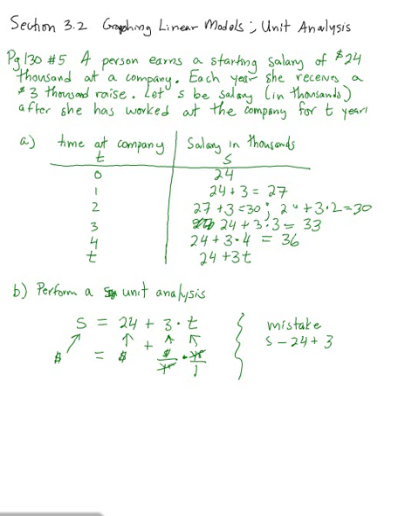And by unit analysis, you should see that this is wrong, because this is money, this is money, but this is $3,000 per year. This is money per year. So you see, you don't have money on both sides. Okay, so that's what this unit analysis thing is about. It's a way to check your equation to see if you most likely have the correct equation.